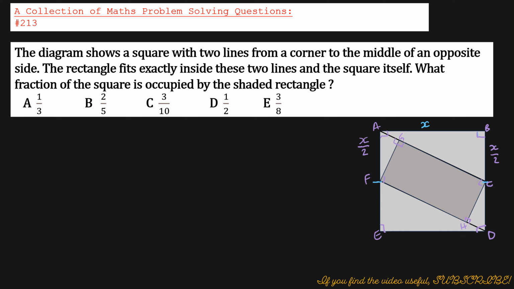We have to find the area now. We know the area of ABC. That's easy to find: half times x times x out of 2. But what about the area of these tiny triangles here? How will we find the area?